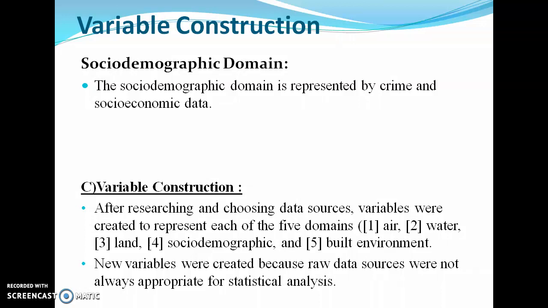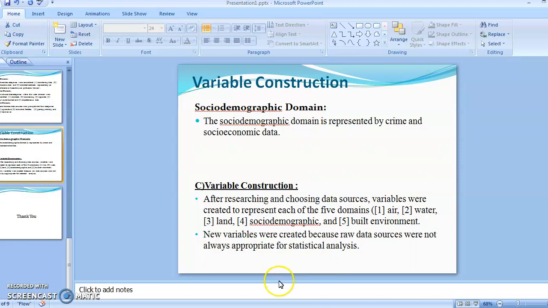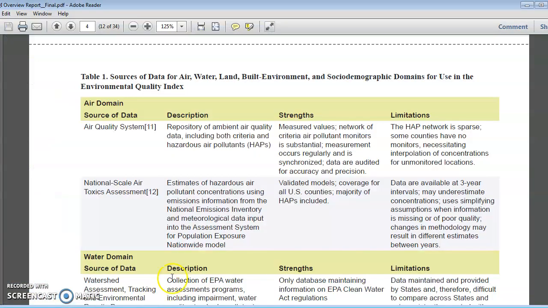Okay, so now the third step is variable calculation. So this is done in this way. After researching and choosing data sources, variables were created to represent each of the 5 domains, that is air, water, land, socio-demographic and built environment. New variables were created because raw data sources were not always appropriate for statistical analysis, that we will see in detail in this PDF.